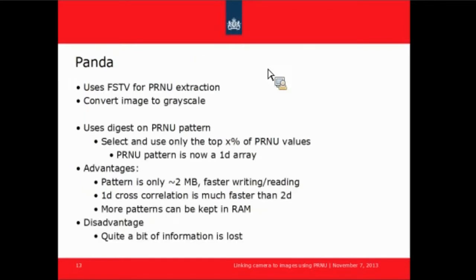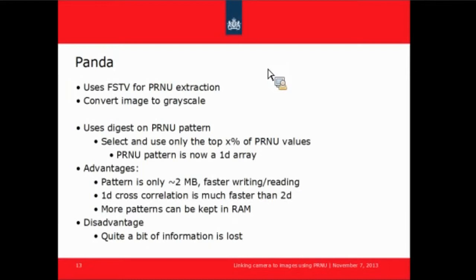So in PANDA, we used the filter that we had developed, which was about 10 times faster than the old one. We also convert each image before extraction to grayscale, because we found out that using color does not increase the accuracy over grayscale, which means the pattern is already reduced to 1/3 of the size, because you don't have the red, the green, and the blue channel, but just one single intensity channel.